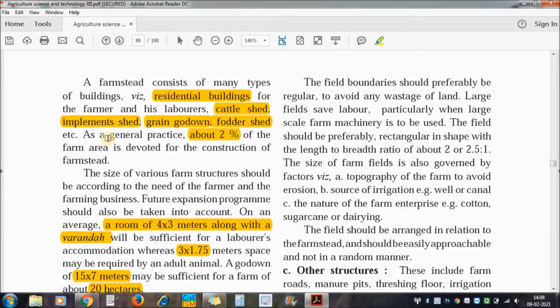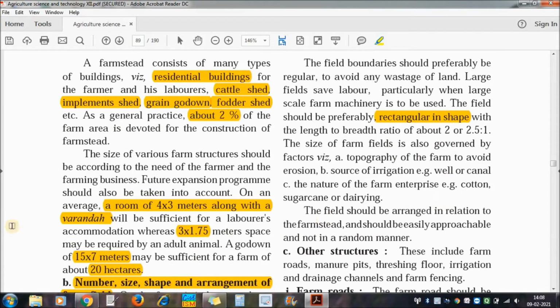That will save our efforts and time. We also have to arrange these buildings as far as possible in rectangular shape. This rectangular shape of 2 or 2.5 to 1 will save the area.